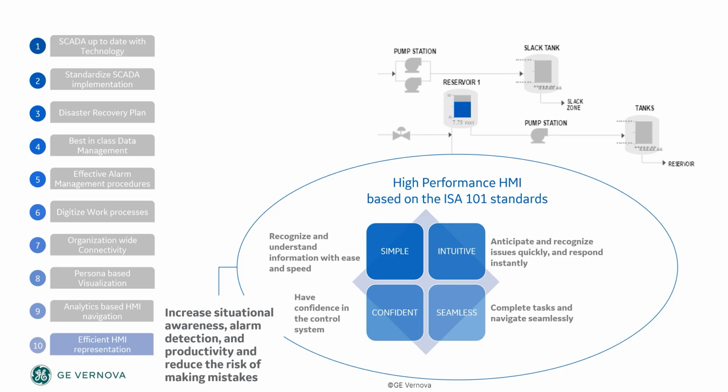What we have seen so far is that this is by far the most popular start for customers when they talk about refreshing their SCADA. The ISA 101 standard does a great job of laying out how you can make your screen simple, how you can make it more performance oriented, and how you can make the operators a lot more effective as you design your screens.